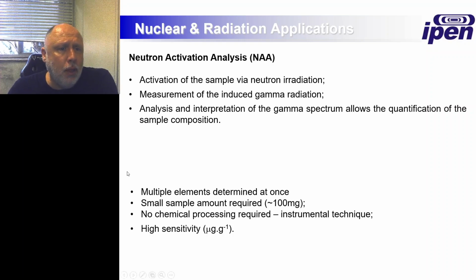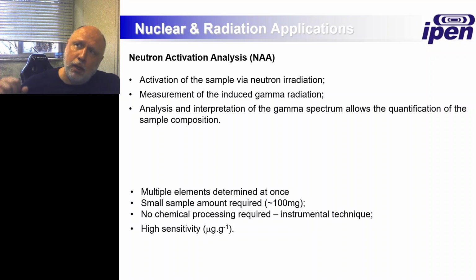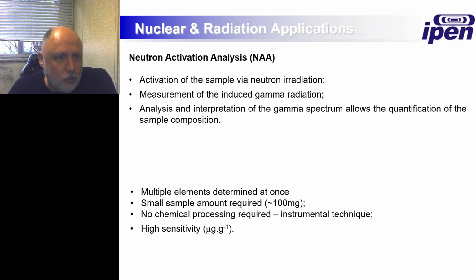And then if you measure the induced gamma radiation, and why we have to measure gamma radiation, all those nuclides also decay by beta decay. But beta decay, the energy spectrum is not well defined. Gamma decay, as we've seen in detectors, you have very narrow lines in a detector.